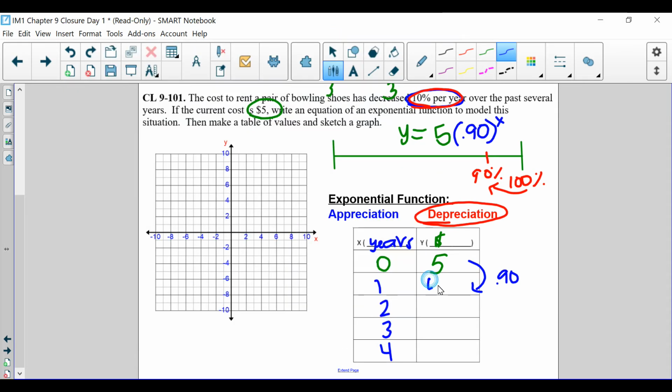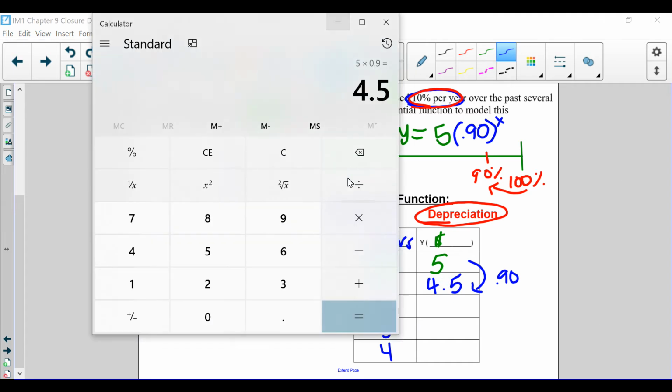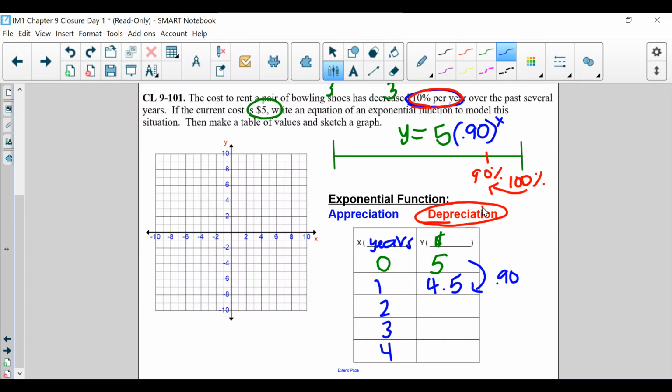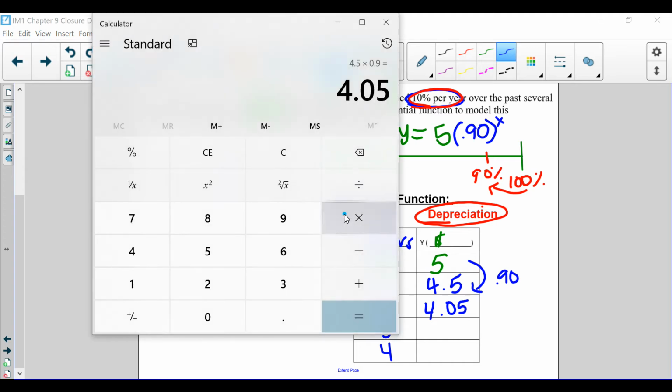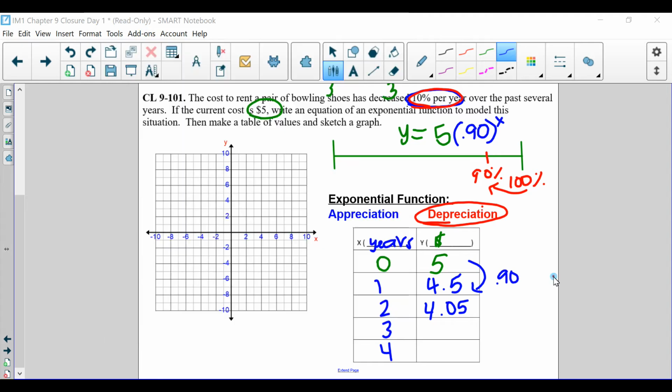Okay? And then once again, you're doing another 90%, timesing by another 0.9, which is 4.05. And then continuing on, that's going to be again multiplied by 0.9, which is 3.645.